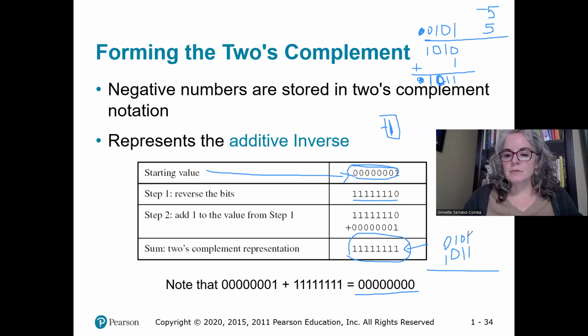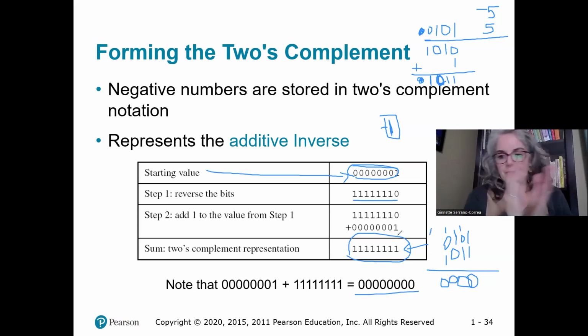And this is going to give me 0. 1 plus 1 is 0, carry 1. 1 plus 1 is 0, carry 1. 1 plus 1 plus 0 is 0, carry 1. 1 plus 1 is 0. And we carry a 1 that goes out of range, but we're always going to get 0.